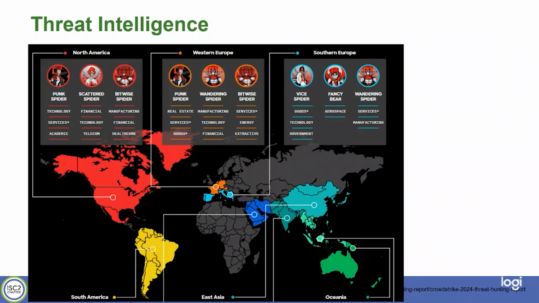Threat intelligence is vital for effective endpoint monitoring as it transforms raw data into actionable insights, enabling organizations to stay ahead of cyber threats. By understanding the tactics, techniques, and procedures used by threat actors, security teams can strengthen their defenses before any incident occurs.